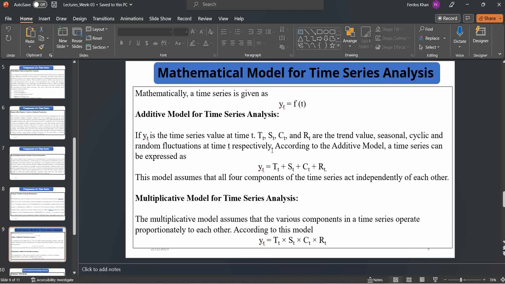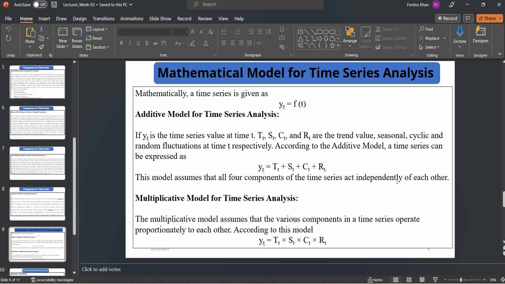There are two types of time series. One may be additive, where all these components, trend, seasonal, cyclic, and random, are in additive form, or it may be in multiplicative form. If you need an additive model, you can convert a multiplicative time series model to an additive model by taking the log transformation.